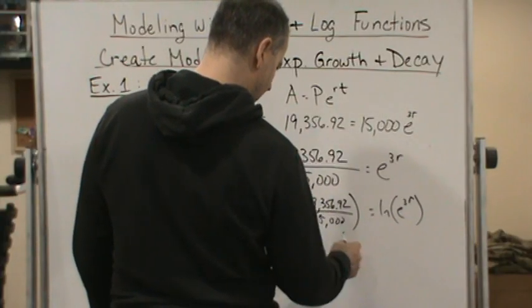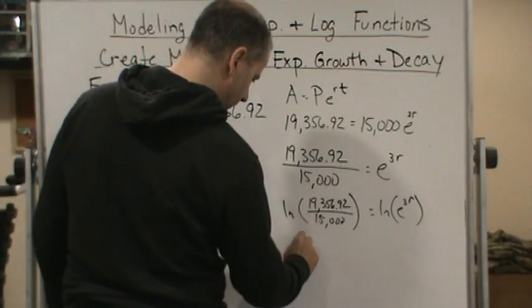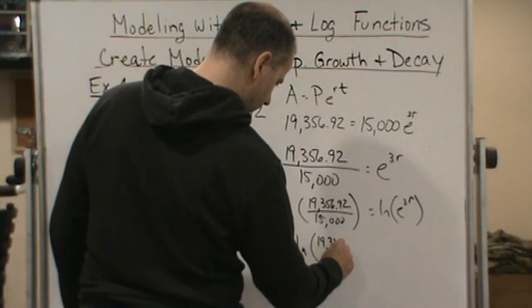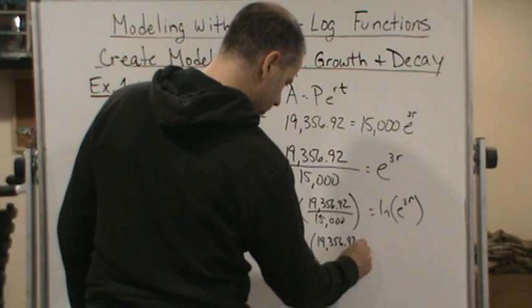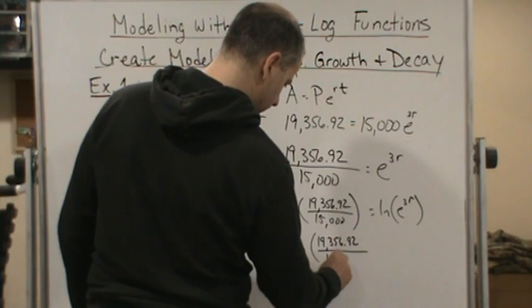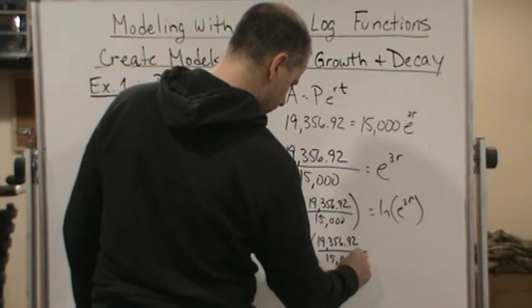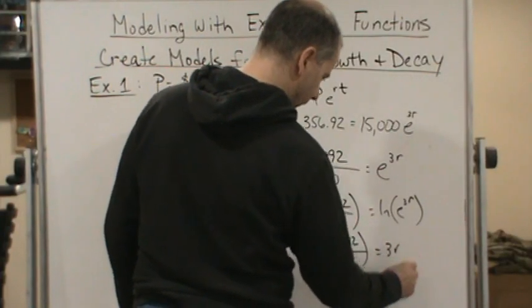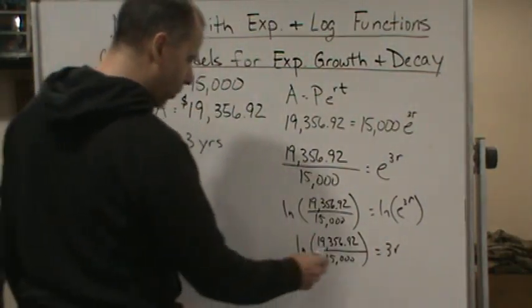So the end result is going to be this. We end up with the natural log of $19,356.92 divided by 15,000, and over here we just get 3r. And so what do we do?